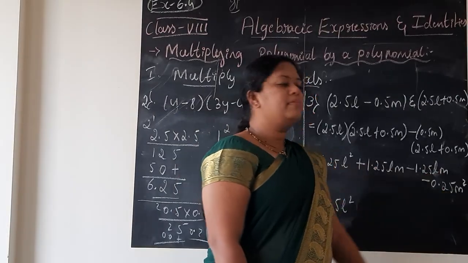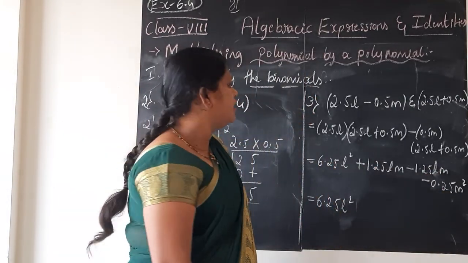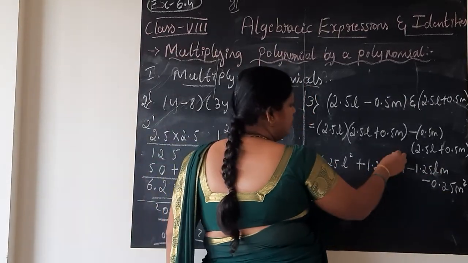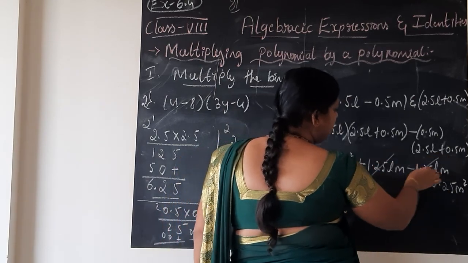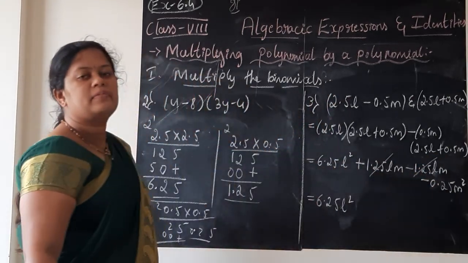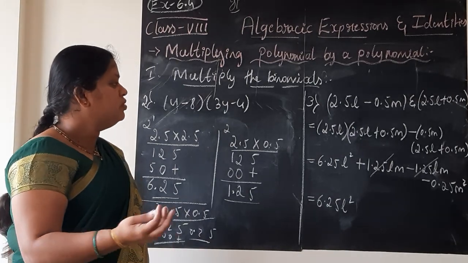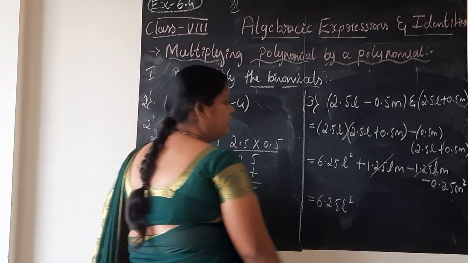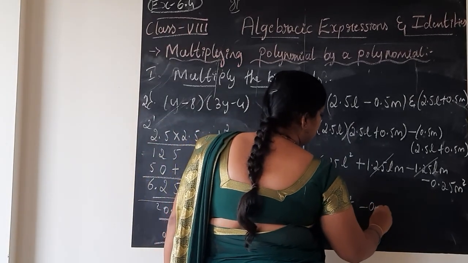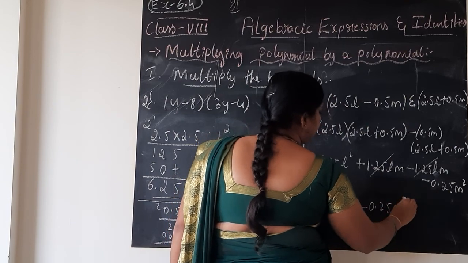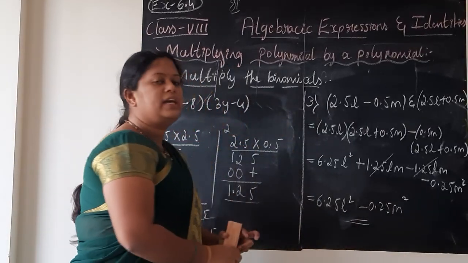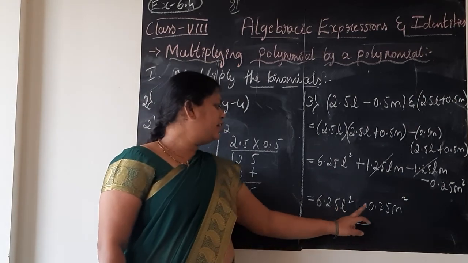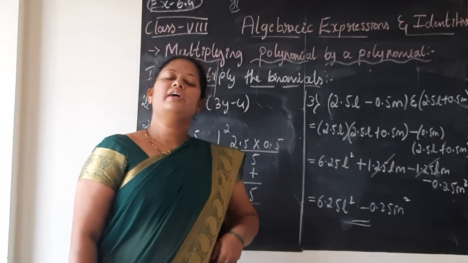LM and LM are terms with the same variable. Plus 1.25 LM minus 1.25 LM gets cancelled. It is like plus 1 and minus 1, so it is getting cancelled. We are left with one more term, that is 0.25 M square. So final answer is 6.25 L square minus 0.25 M square.